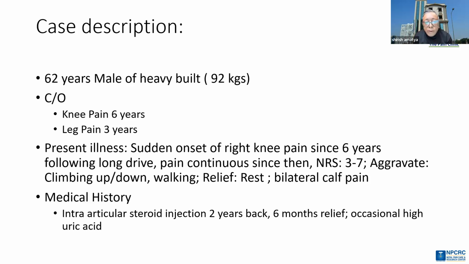So here the main problem is that previously intra-articular steroid injection was in the guidelines. But nowadays, if you see the current guidelines, we never give intra-articular steroid injection in primary or even sometimes in secondary osteoarthritis knee.